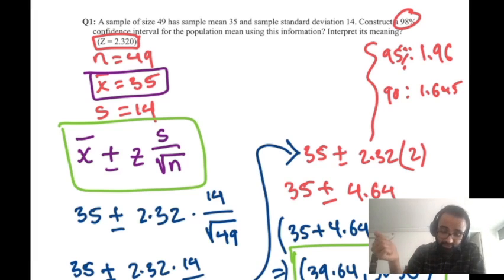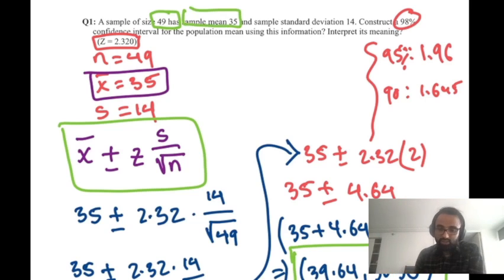What's feasible is that we can capture some sample of it. In this case, we have a sample of 49 from a population. We don't know how big that population is, but we know that the sample size is 49, and the mean of those 49 numbers is 35.